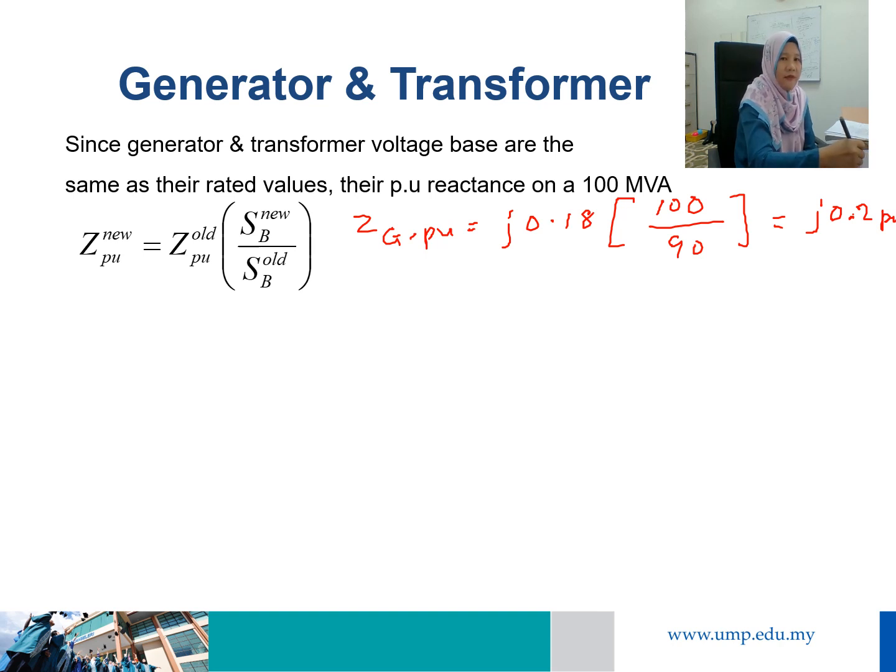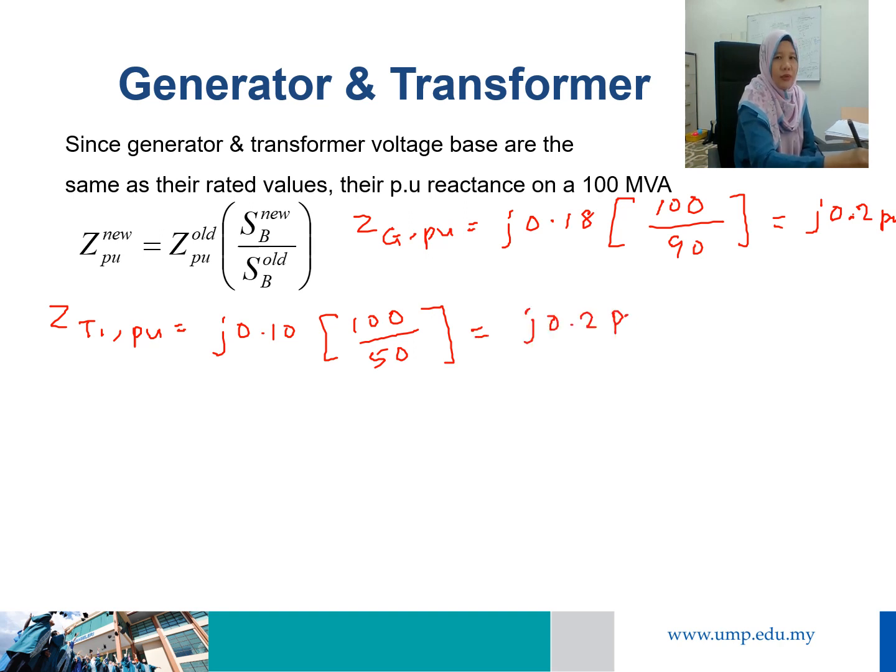Then we calculate the new per unit impedance of transformer T1, which is equal to j0.10 multiplied by 100 divided by 50 MVA, where 50 MVA is the old base power of transformer T1. So we get j0.2 PU.